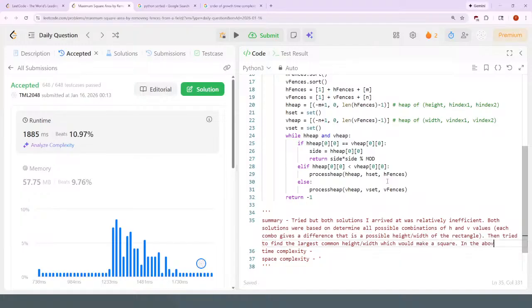In the above, I use some complicated heaps to determine how to find the next largest height and width based on the indices that are involved. But it kind of sucks performance-wise.